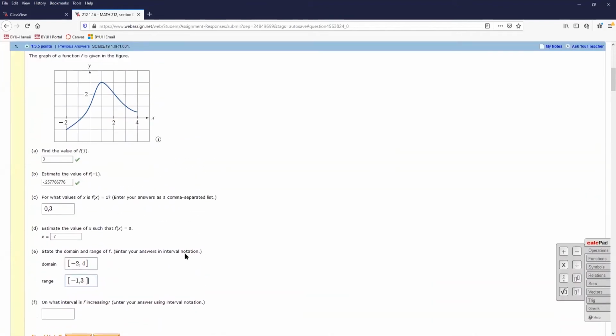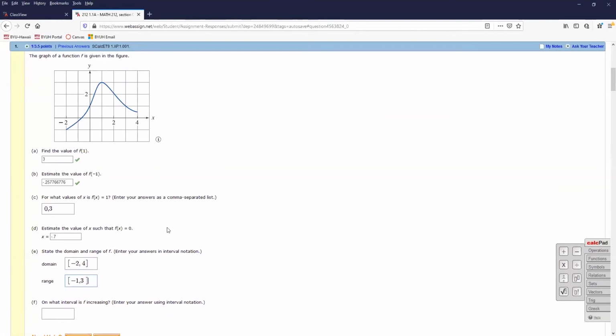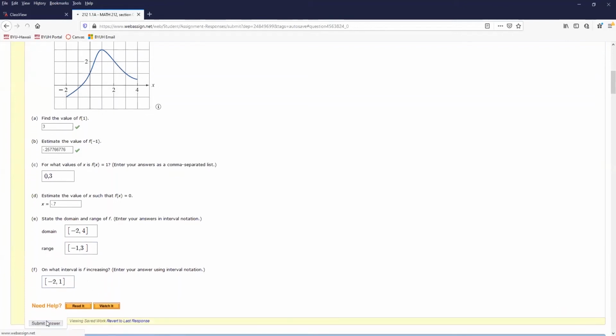Okay, now increasing and decreasing is determined by the left to right motion. So as you're going from left to right, what's happening with the graph? As you're going from -2 to 1, it's going up. So that's going to be the increasing. And decreasing everywhere else.